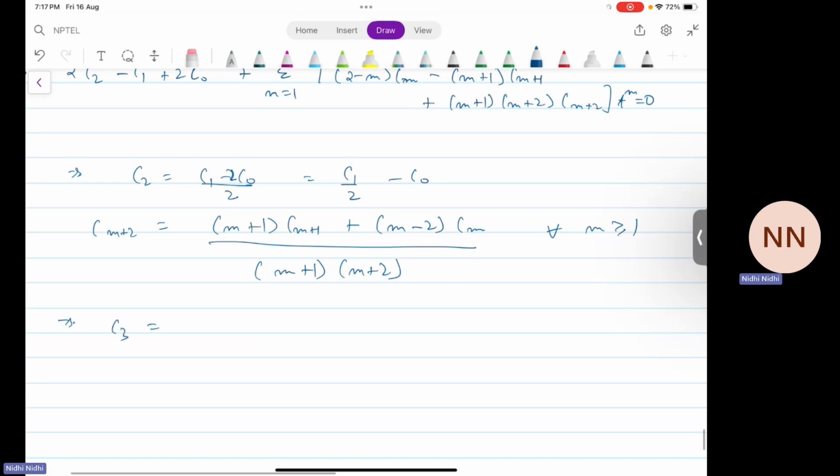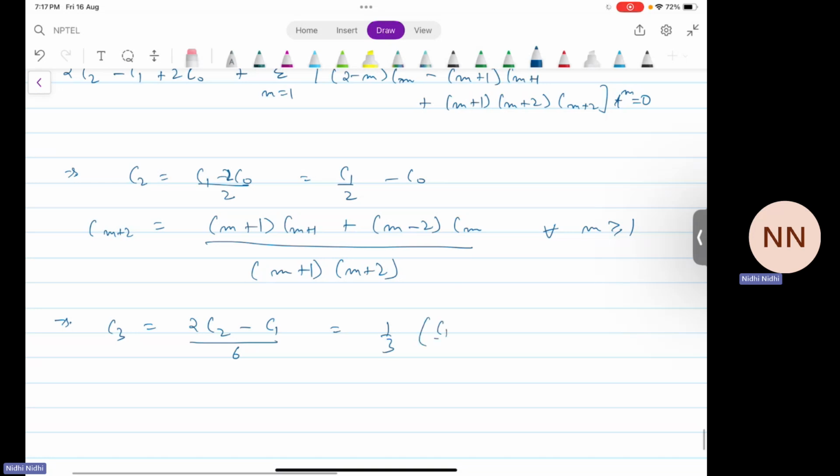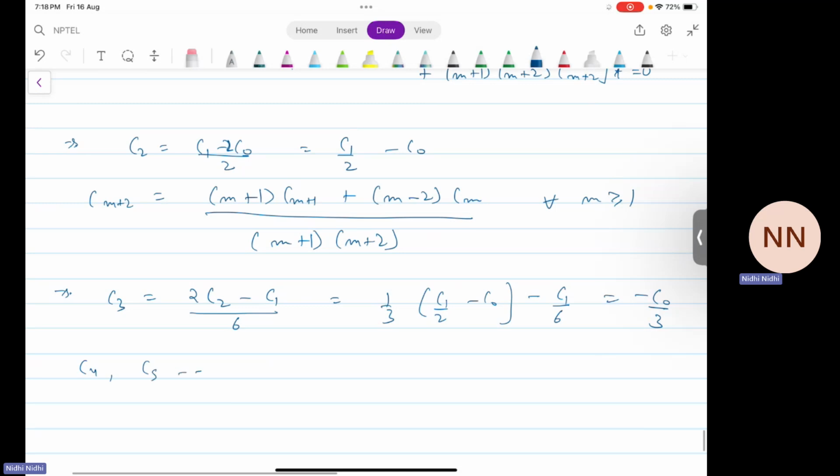This implies c3 is equal to (2c2 minus c1) by 6, which is, sorry, 1 by 3 times c2 minus c1 by 6. c2 is c1 by 2 minus c0, which gives minus c0 by 3. Similarly, you can find c4, c5 and so on.